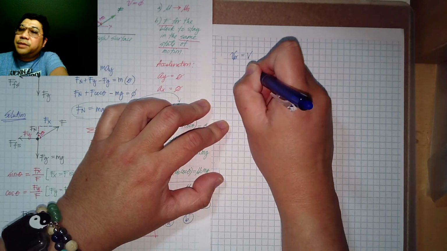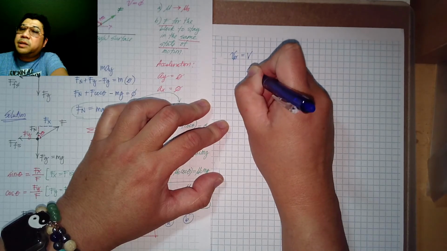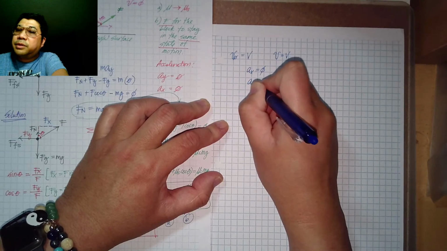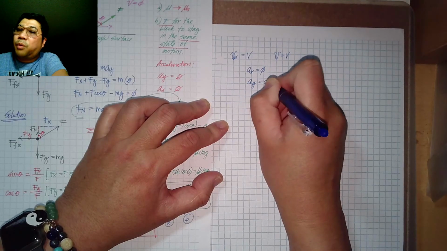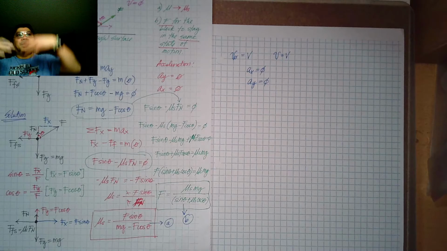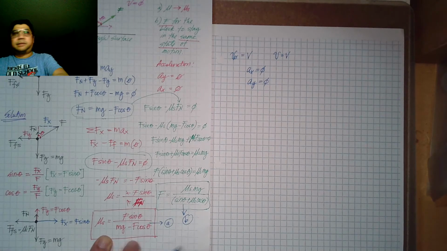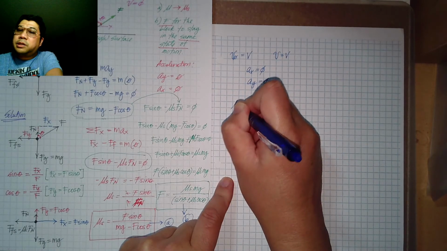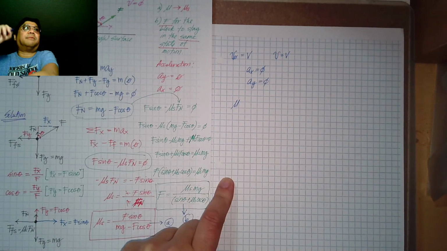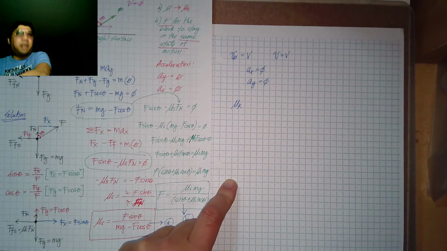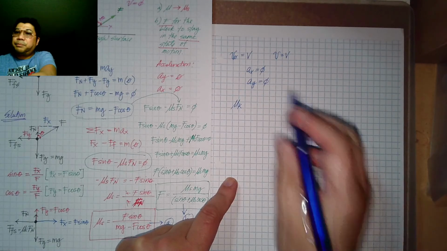If you have the same velocity, then the acceleration along the x-axis is also 0, and for this problem the acceleration along the y-axis is also 0. So you will have the same answer. The only difference is change your coefficient of static friction to kinetic friction. Instead of mu sub s, change it to mu sub k.